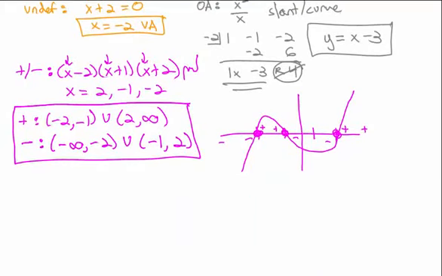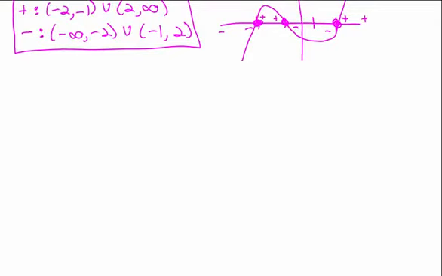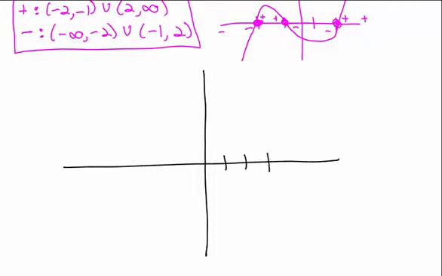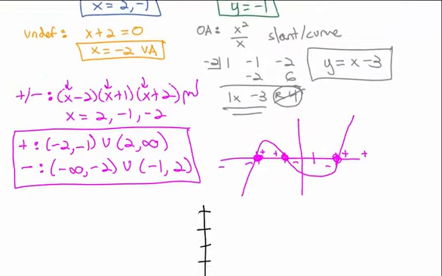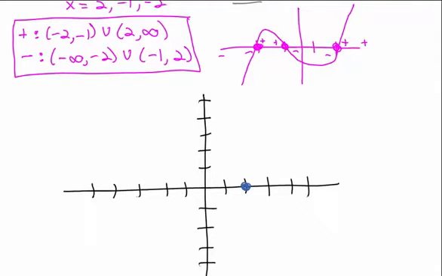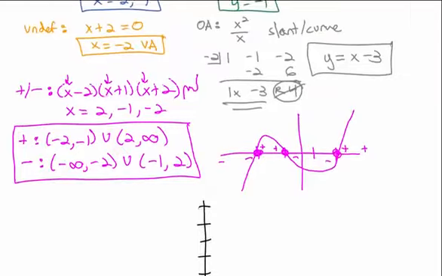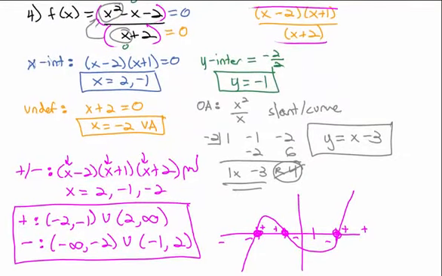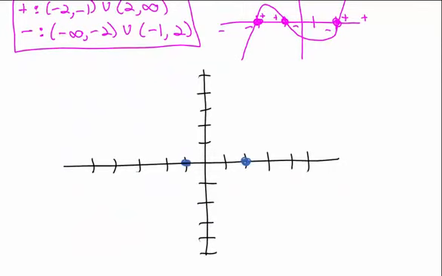Now we're ready to graph our function. Starting with the x-intercepts, which we said are at 2 and negative 1. The y-intercept's at negative 1.